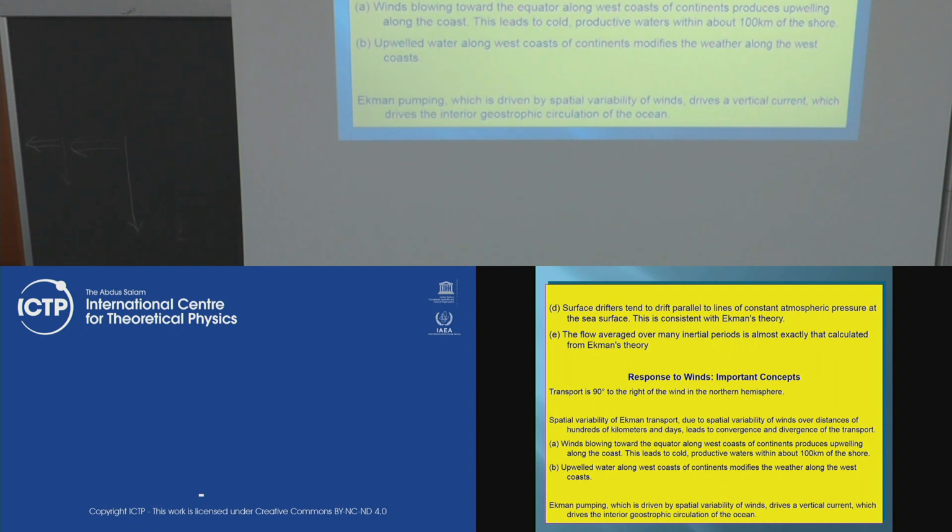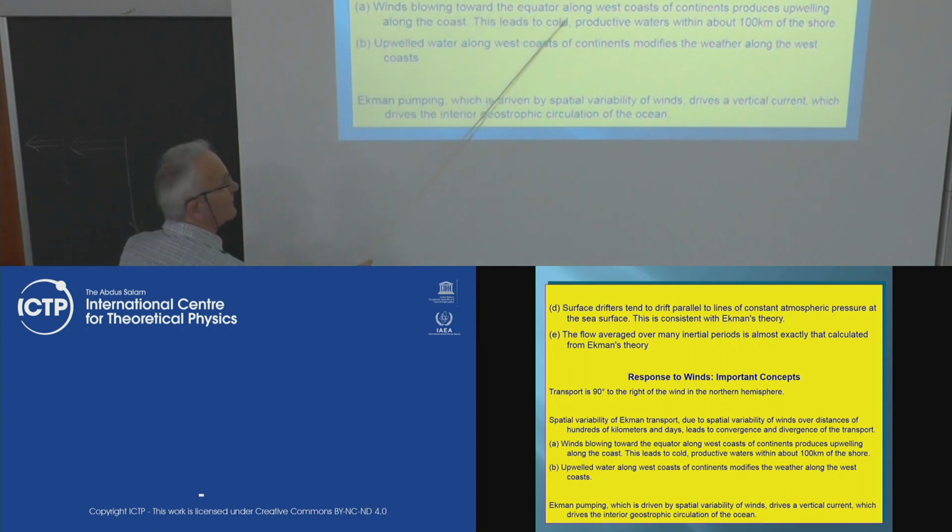Okay, and this convergence or divergence due to the spatial variability of winds over distances of several hundreds of kilometers could lead to convergence and divergence. And you will see later what the consequences of this are.